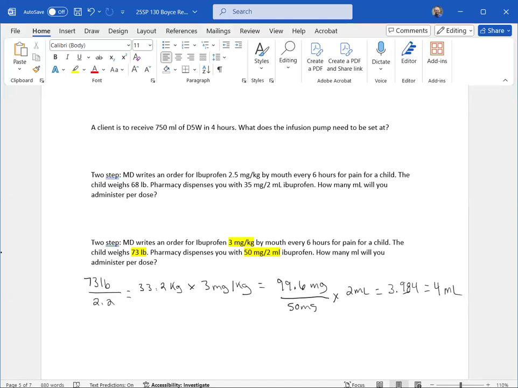Now, if you're doing this when you get to pediatrics, there might be some caveats to that, but they'll explain those to you, meaning that for someone who's 73 pounds, being off by a few tenths of a milliliter is probably not a problem. But if you're dealing with a 6 pound, 10 pound, 12 pound toddler or infant, then those tenths of a milliliter could be very impactful. So it's important to know the different nuances, and that's why you go through pediatrics.